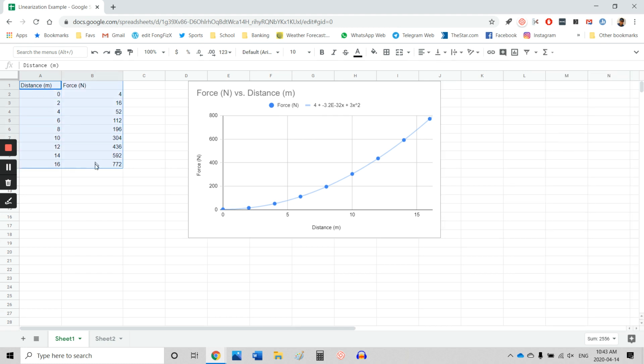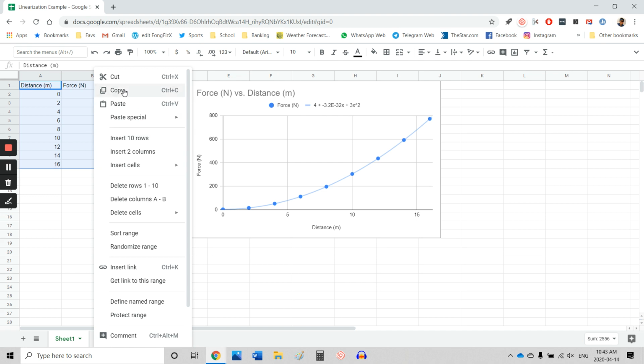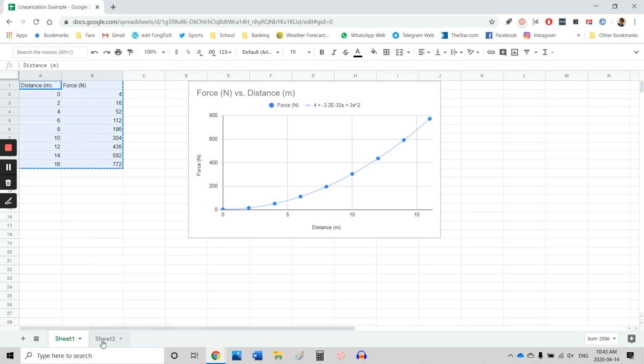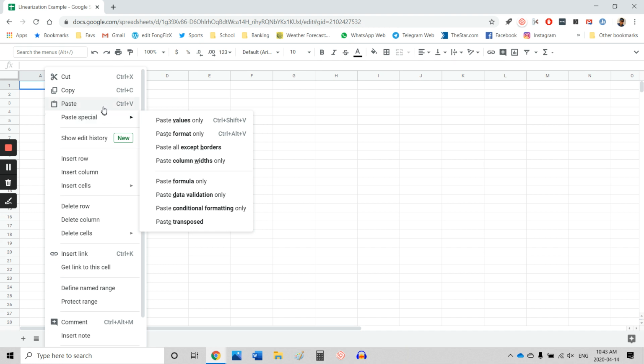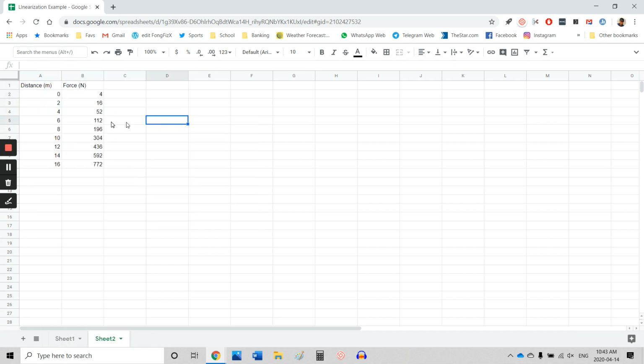So I'm going to copy this. So you don't have to do this. You can do it on the same spreadsheet if you want in the exercise. I'm just going to start a new one just to be clear. So I'm going to copy exactly what we had before, except I'm going to square the distance this time. So how do I do that?